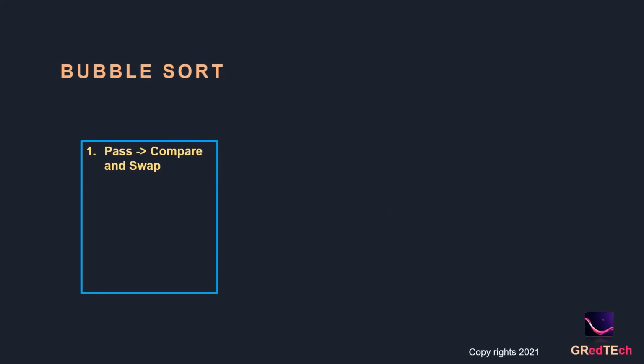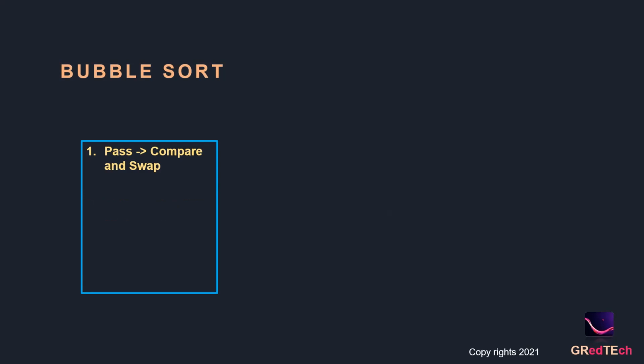During one pass, you continuously compare two elements. What bubble sort does is, in the entire list in one pass, whichever element has the highest value, the maximum value, gets thrown to the right.